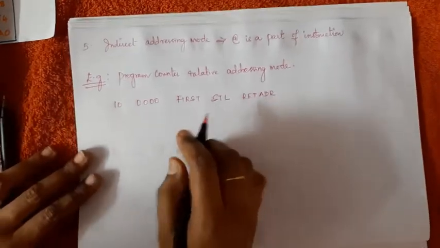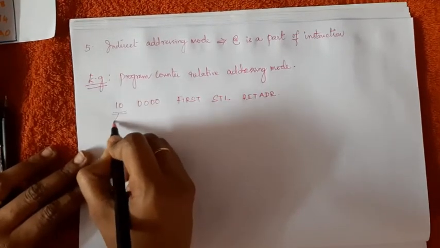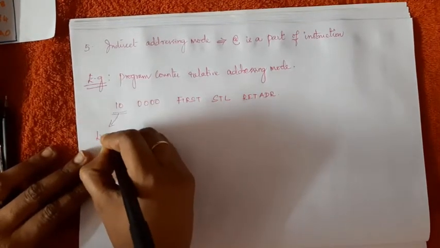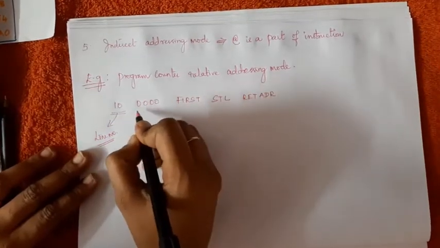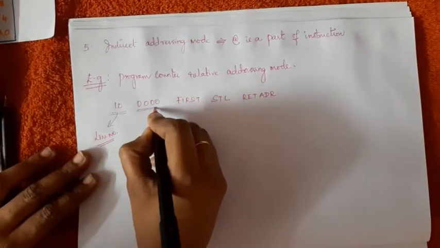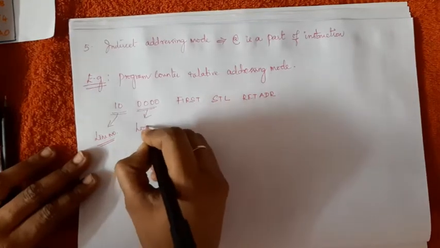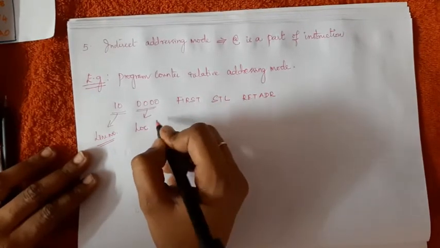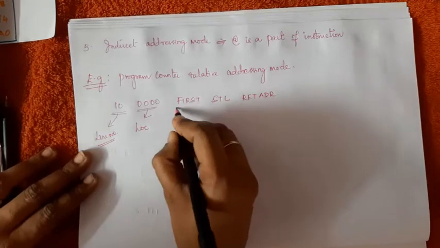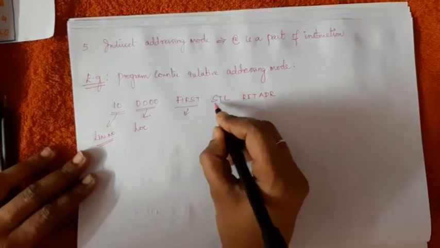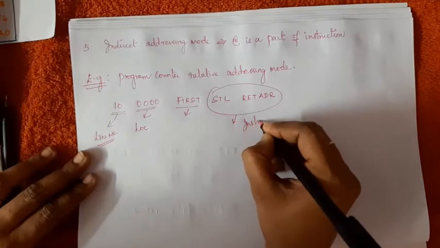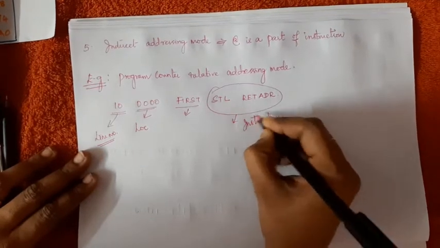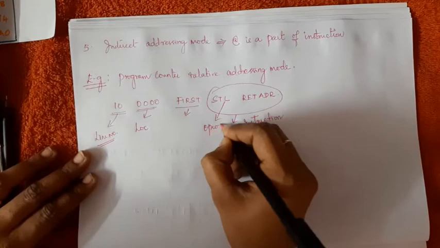Okay, so listen carefully, and this 10 indicates the line number, which line the particular instruction appears, and the 0000 indicates the location of the program, the starting location of the program, and FIRST is a label, and this STL RETADR would be the instruction. As we know that STL is an opcode.